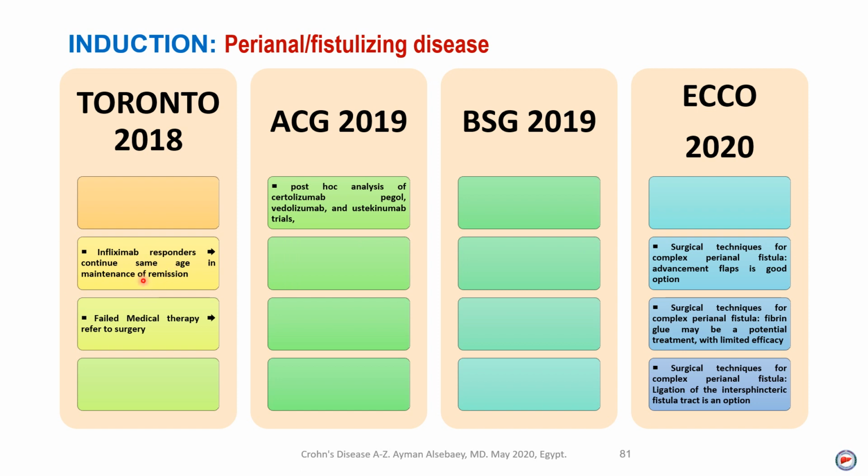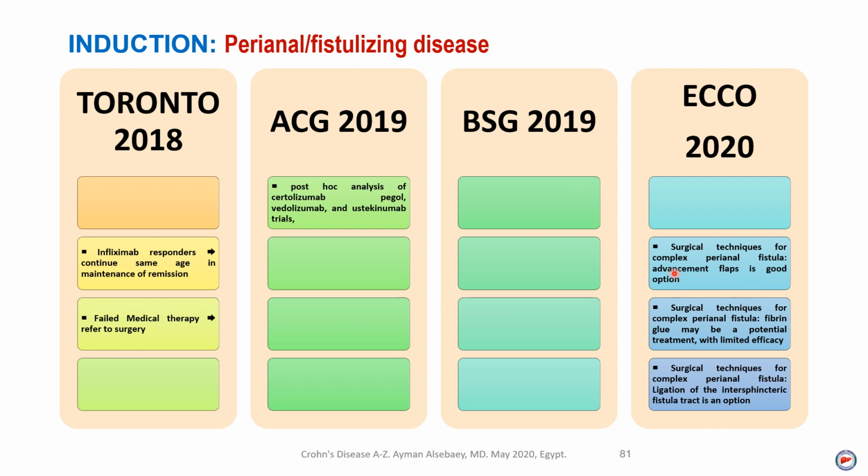Okay, if the patient responded, we will continue infliximab. Okay, if the patient failed, we will need surgery. What are the surgeries which can be done in a patient with complex perianal fistula? It was heavily addressed by the ECCO guidelines.